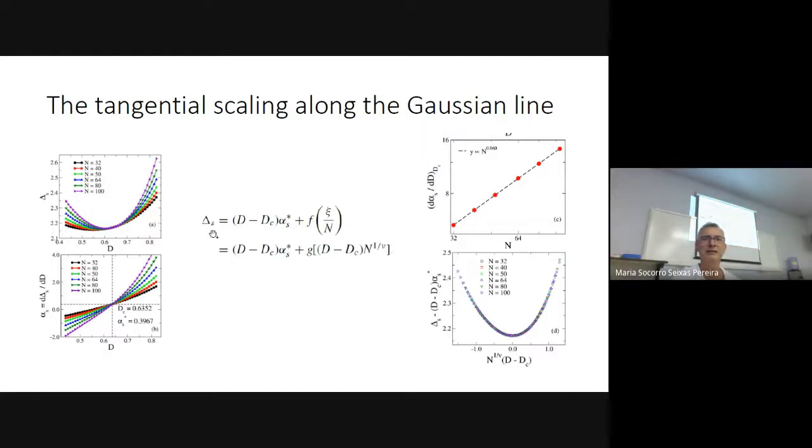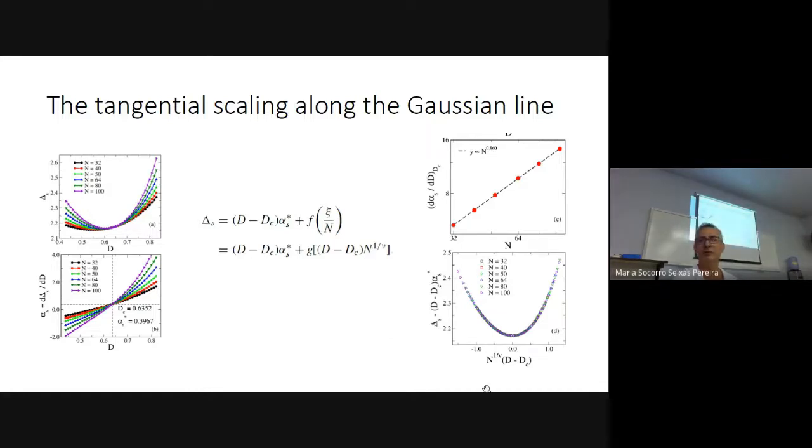To see that this scaling analysis is very accurate, we can then plot all gap data in a single universal form. To do that, we just subtract from the scaled gap the linear contribution. This is the y variable here in this plot, and we plot it against the scaling variable, which is the distance to the critical point times the chain size to the power 1/nu.